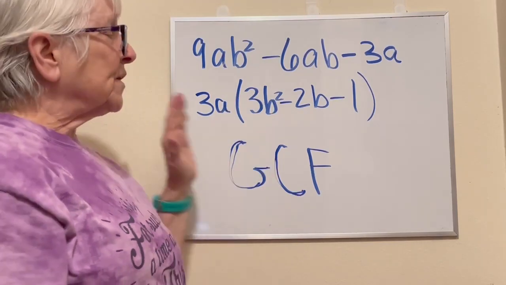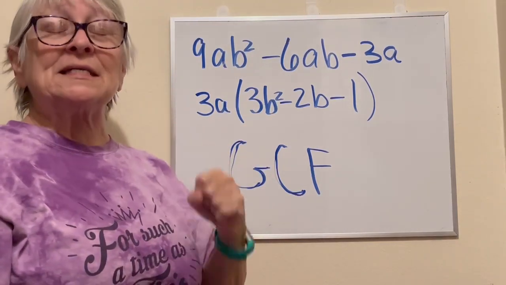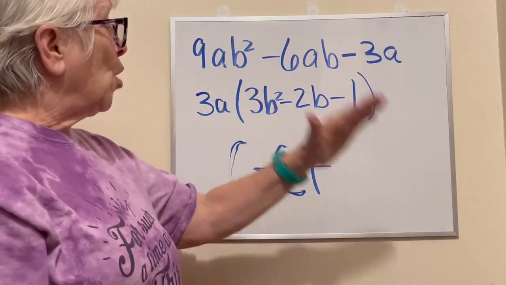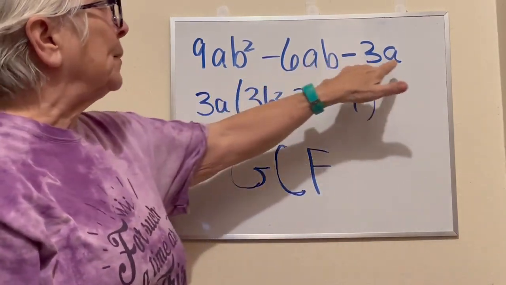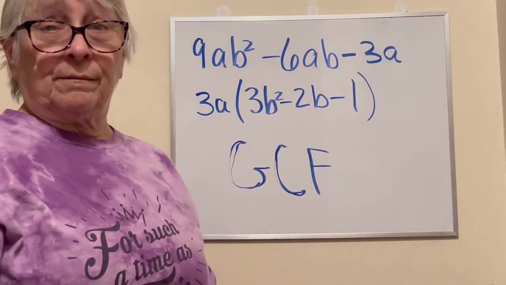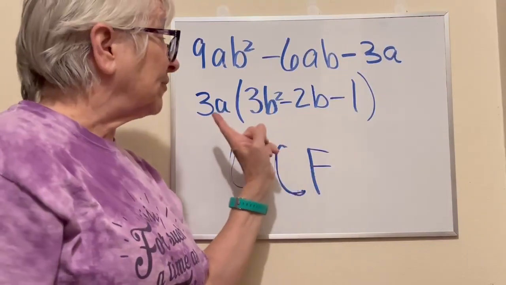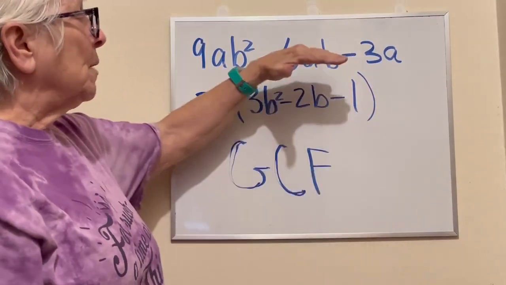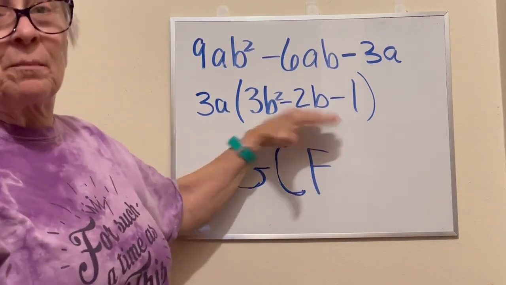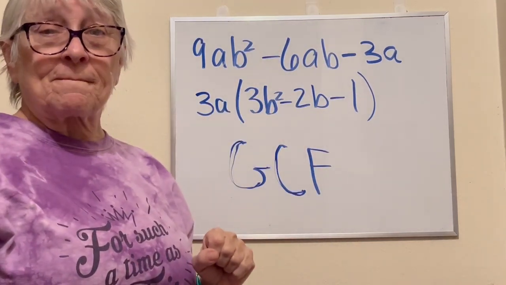Okay? So this is just factoring out the greatest common factor in a polynomial. And remember, since I have 3 up here, how many do I have here? 3. I have to have 3. If I had 5 up there, I'd have to have 5 in here. The same number of terms in the original polynomial have to be inside the parentheses. Same number of terms.